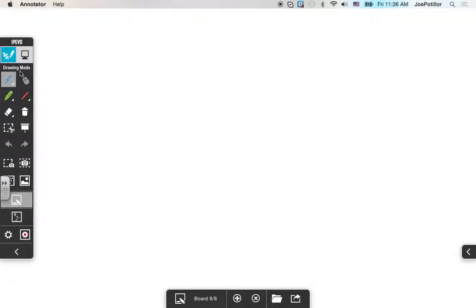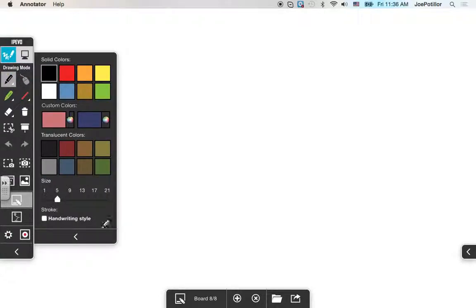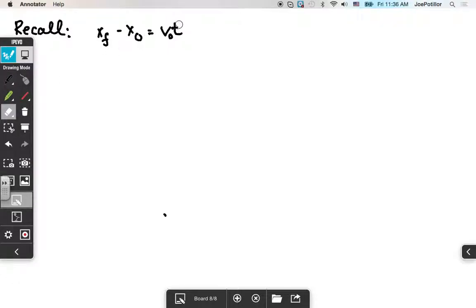So recall the equation from kinematics that we worked with earlier: the change in position is equal to the velocity times the change in time.